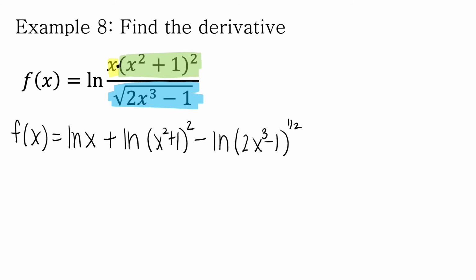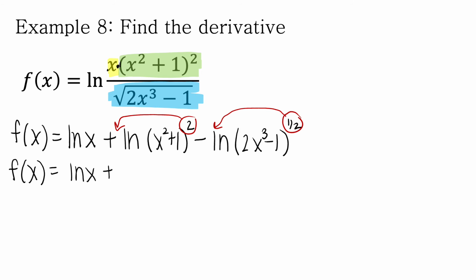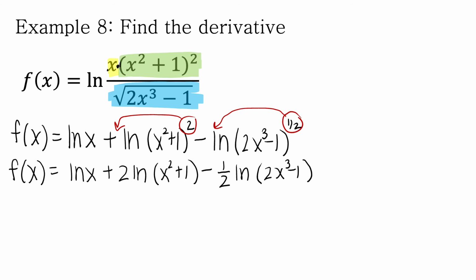And then before I can take my derivative, I'm just going to go ahead and move any exponents to the front. So this function f of x is just the natural log of x plus 2 times the natural log of x squared plus 1 minus 1/2 times the natural log of 2x cubed minus 1.